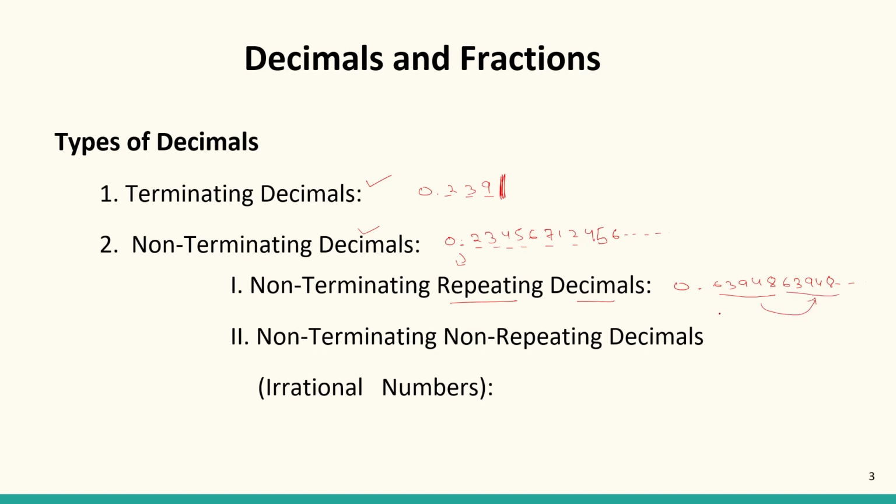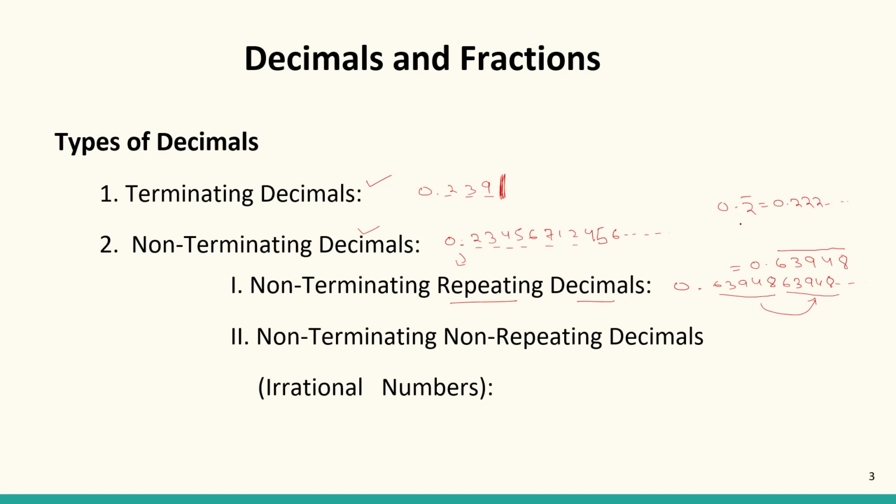So we can write it as 0.63948 with a bar above the pattern that repeats itself. In this case it is 63948. If we write 0.2 bar, this will be equal to 0.222 and so on. So 2 is the repeating pattern here, only one digit that is being repeated further down there.